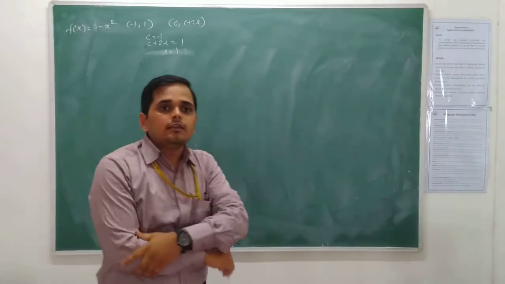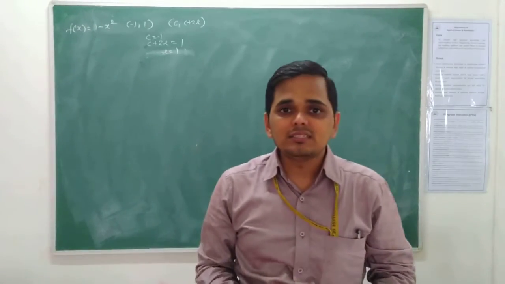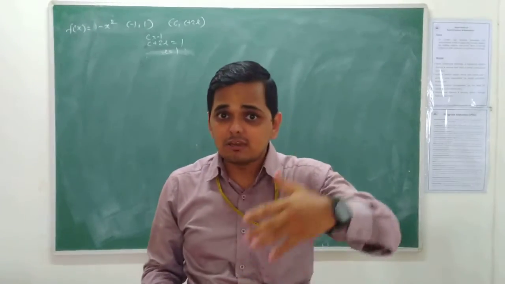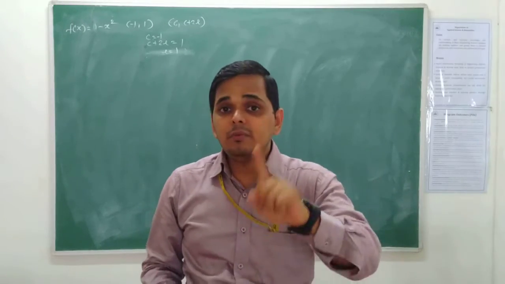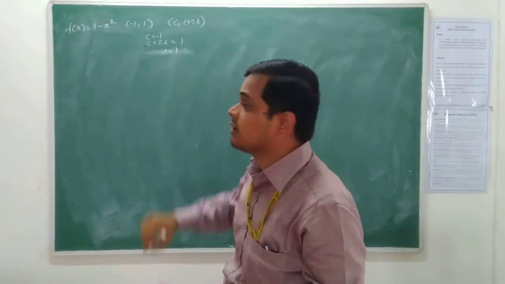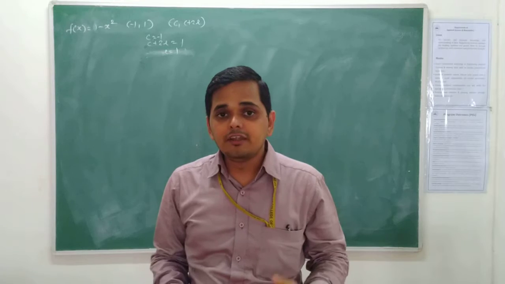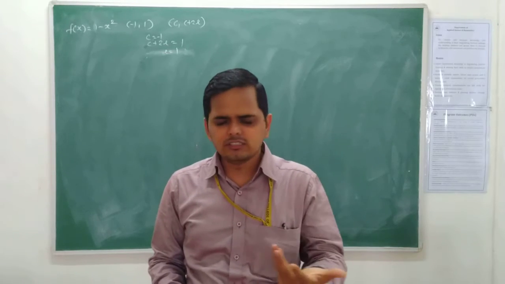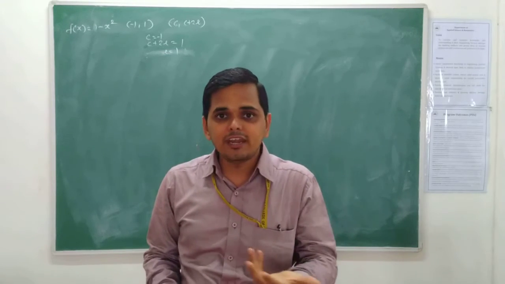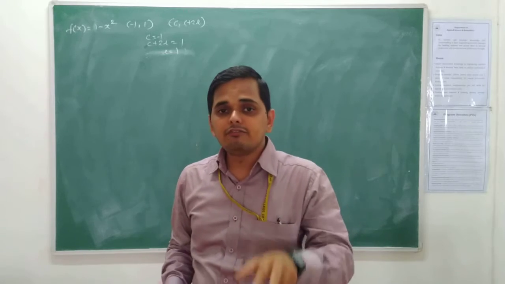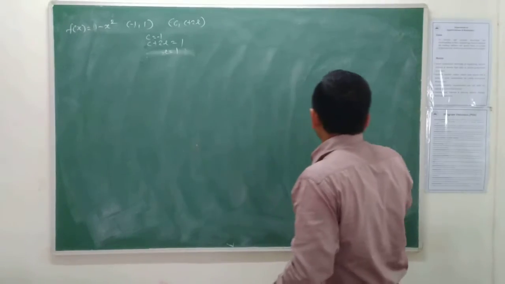And if the problems are based on the minus L to L interval, then we must check whether the function is even or odd. Because in definite integration, we have seen one property.